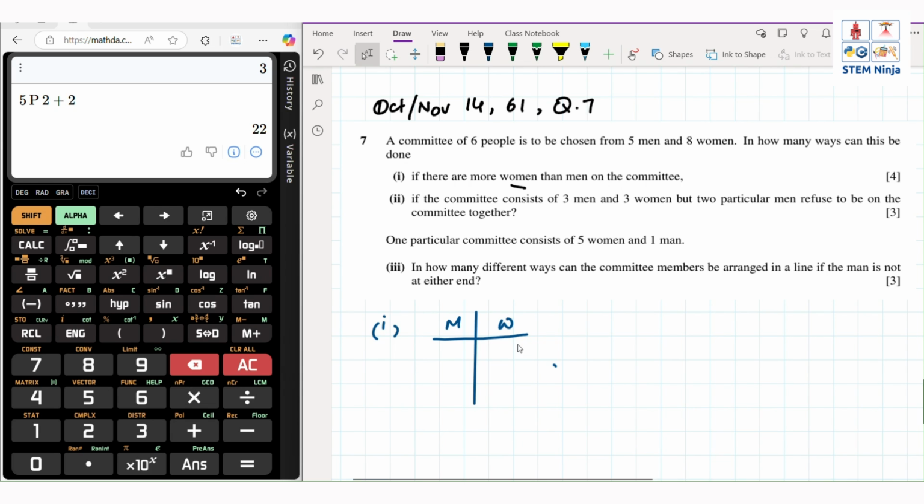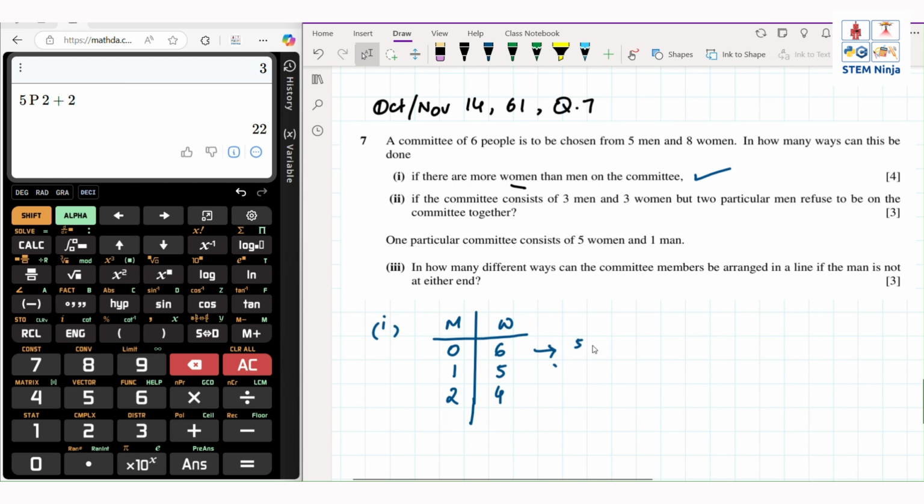So let's start out with 6. Absolutely no problem if all are women, no men. 1 less women, 1 man, 5 women; 4 women, 2 men. And we don't need to go any further because 3 women and 3 men will not be considered as this case. So now let's examine these 3 cases.